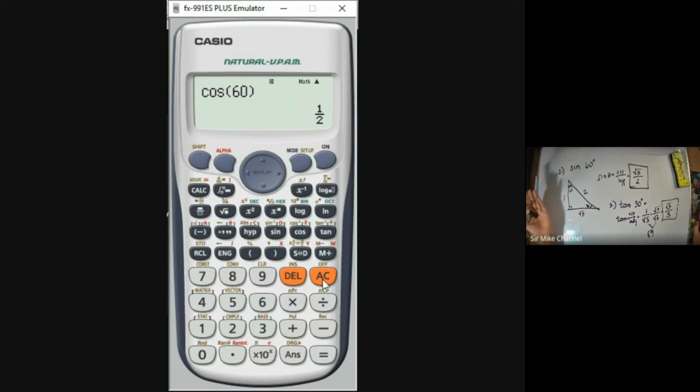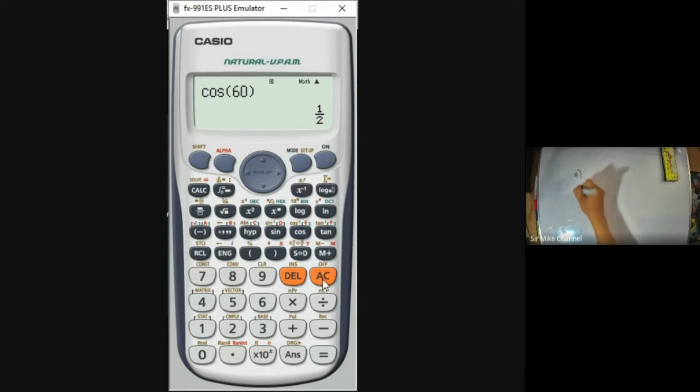So, for example, paano kapag ginawa mo yung tatlo, let's say yung cosecant, cotangent, and secant. Let's say number 4, 5, 6 example natin.